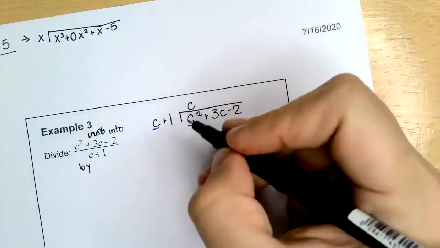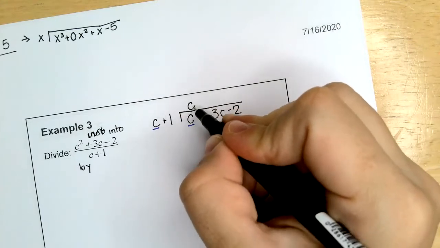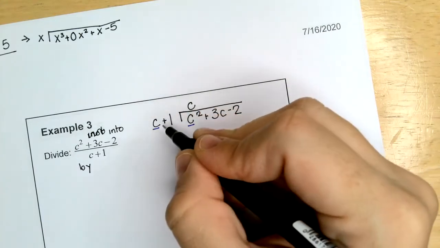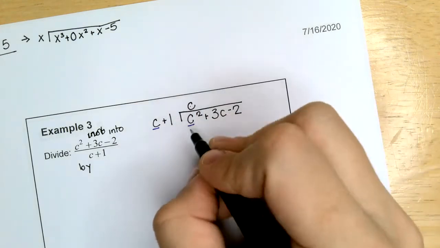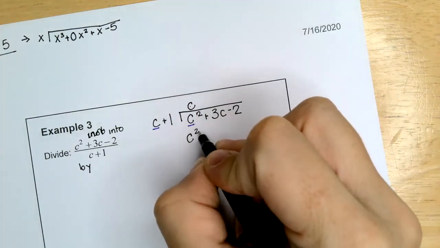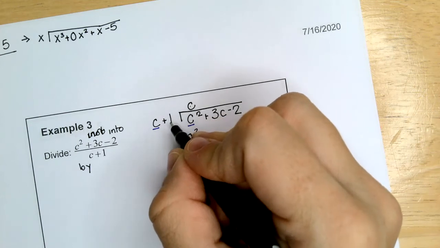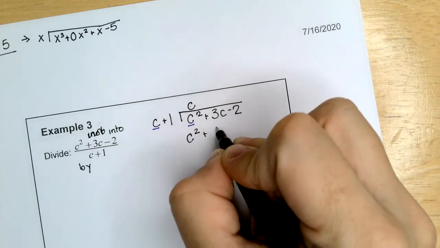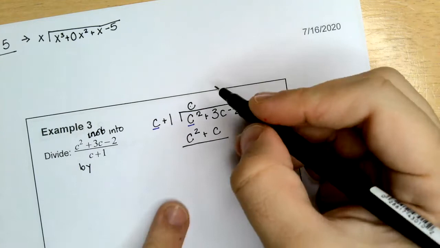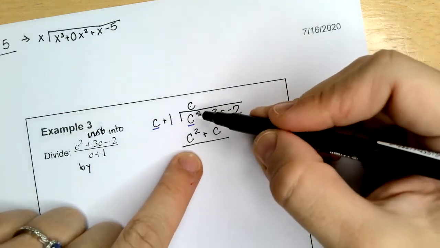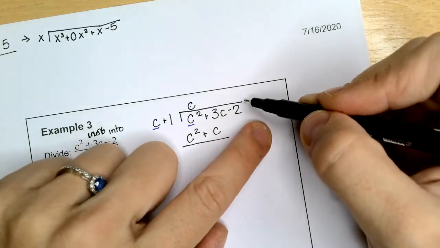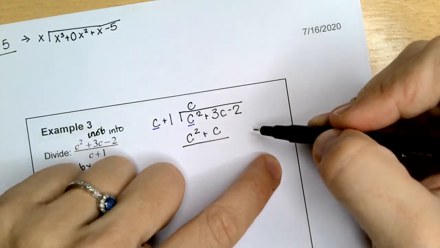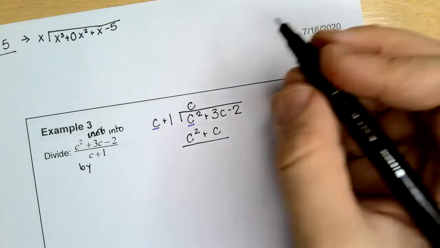Now I take that c and I multiply it by everything over here. C times c is c squared. That goes right here. C times 1 is c. Do you see how it's important to have the squared, the c, and the constant lined up correctly? You don't want to skip anything.